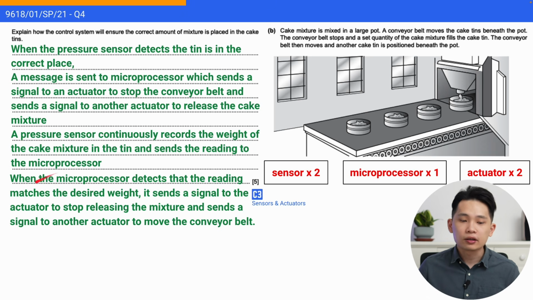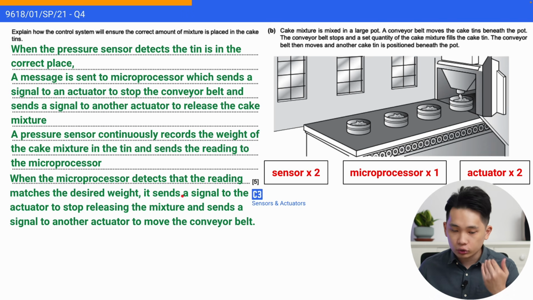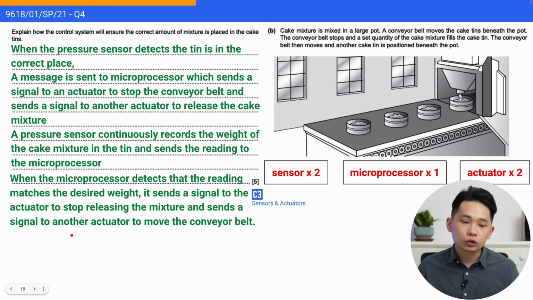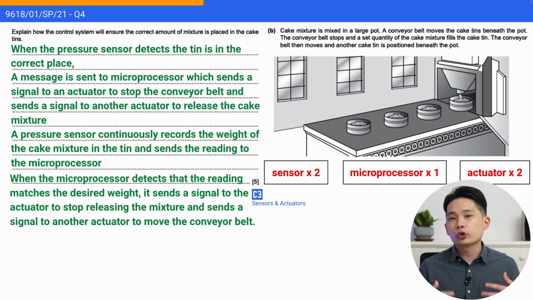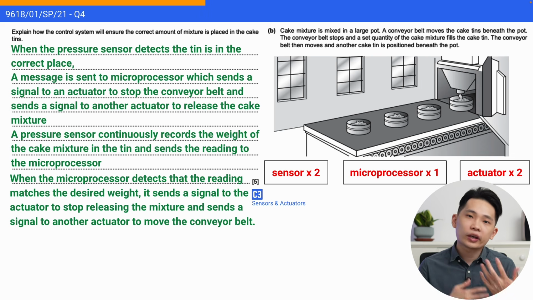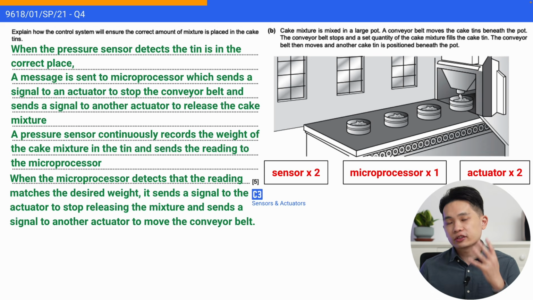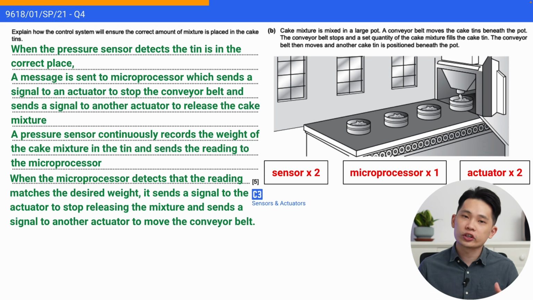And finally, when the microprocessor detects that the reading matches the desired weight, it sends a signal to the actuator to stop releasing the mixture and sends a signal to another actuator to move the conveyor belt. Therefore, this is how you could score 5 marks for this question here. As long as you are able to roughly describe each step, you should be able to get at least 4 or even 5 marks for this question here.